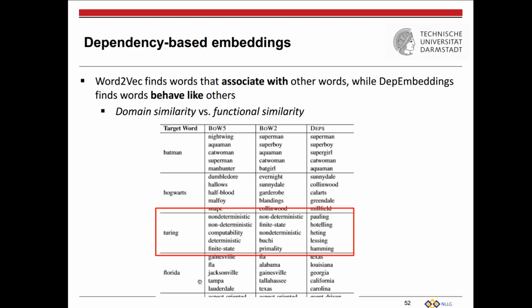So which words tend to surround the word Turing, right? Such as a non-deterministic Turing machine. And again, we have the same situation here. What has been the typical finding is that these dependency-based embeddings work better with tasks that are more structural in nature, that are more grammatical in nature, that have less to do with semantics, but more with syntax and grammar.